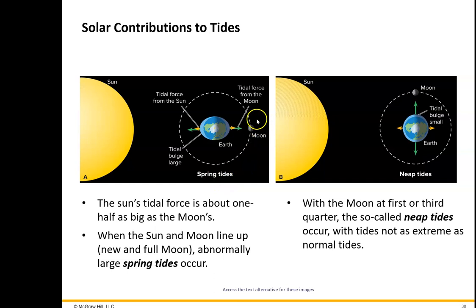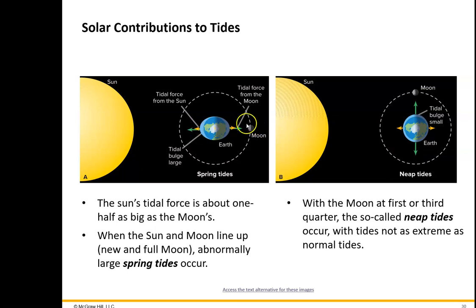It just has to do with the phase of the moon, right? The phase of the moon is either a new moon, when the moon is on the same side as the sun, or a full moon. That's when you have a high tide.